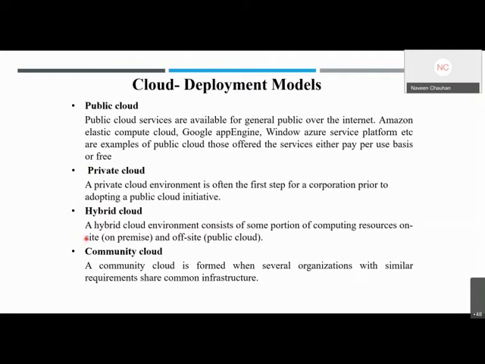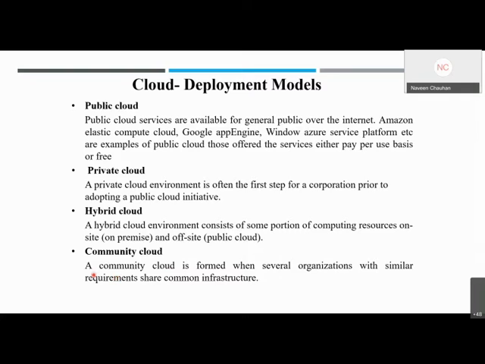As the name suggests, the next one is the hybrid cloud. This is a mix of public and private. Some of the computing resources are available on site and some are available off site, that is, on the public cloud.